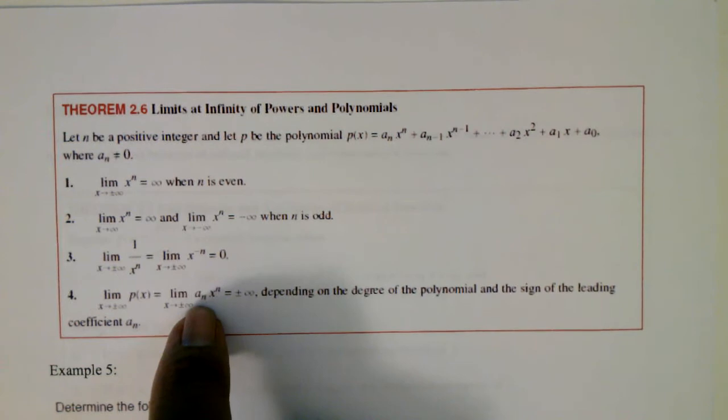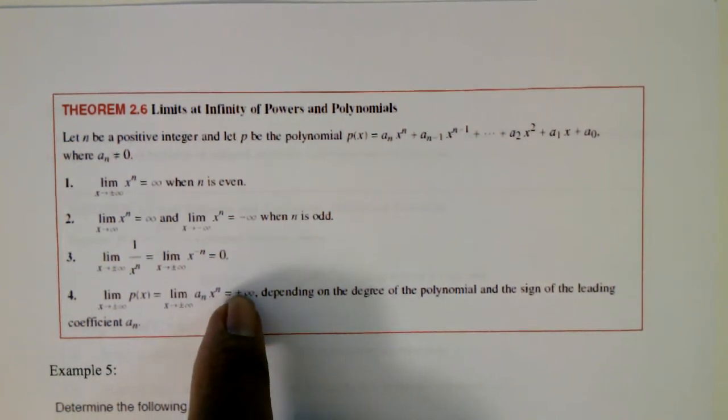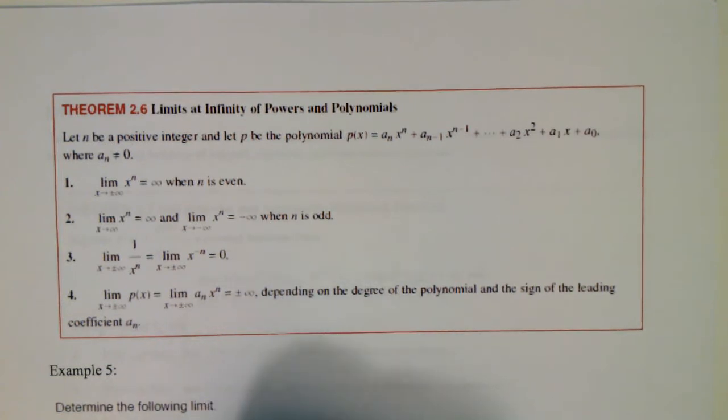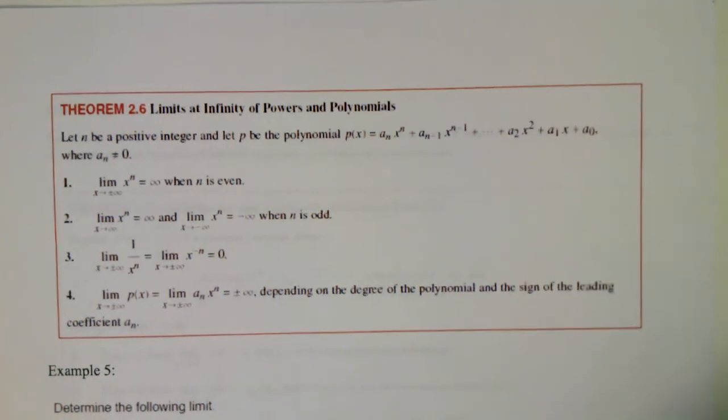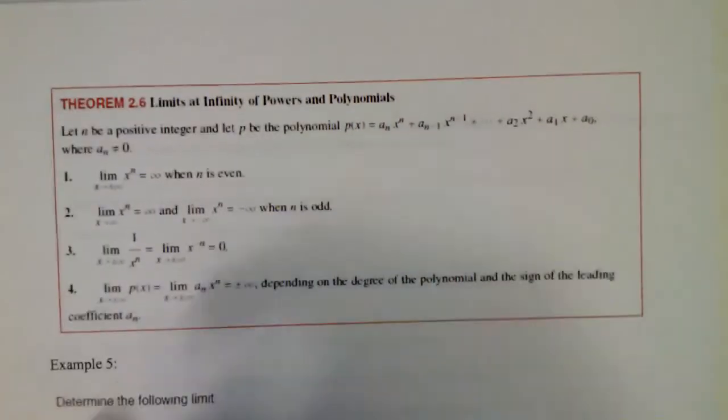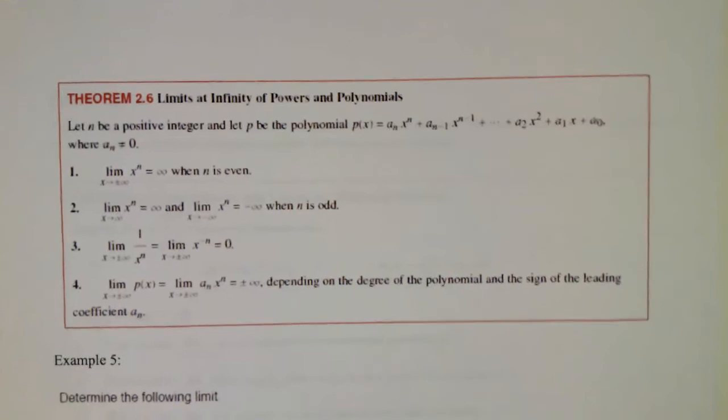You have to look at the sign. That sign will tell you if it's going to go to positive infinity or negative infinity. Okay, now let's look at some examples using these 4 rules in this theorem.